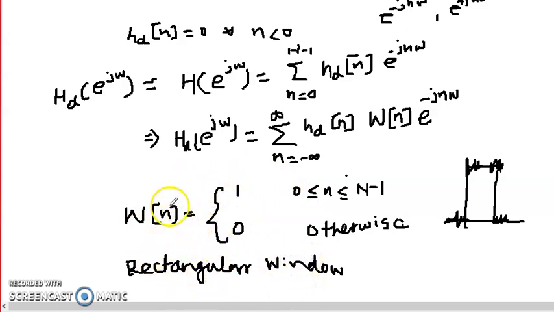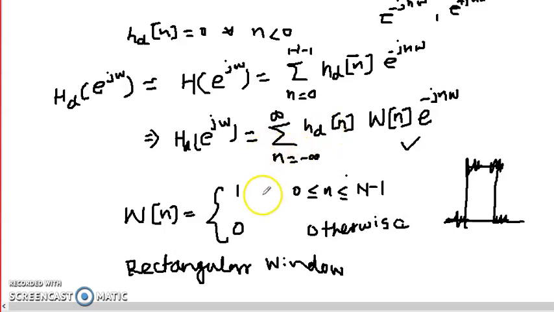But basically our aim is to design a digital filter using this mathematical transformation, where hd, that is the digital filter impulse response, is approximated by this kind of expression, where the windowing function is used to obtain the finite length impulse response. Okay, so there are different window functions which are given in the book.